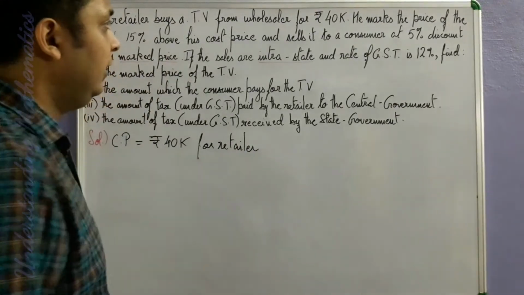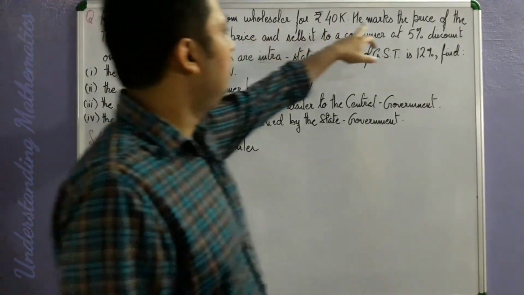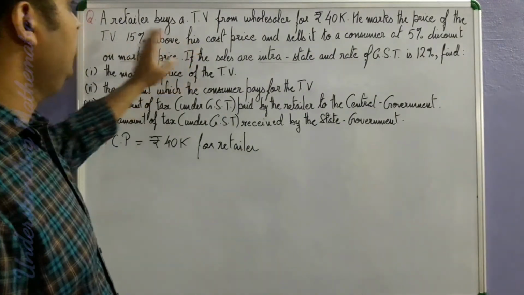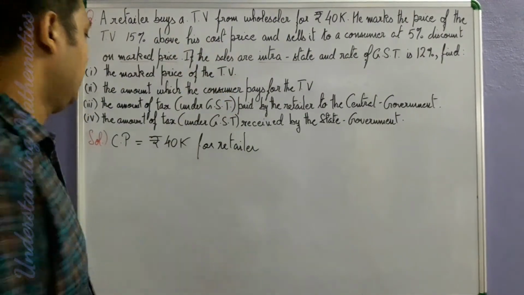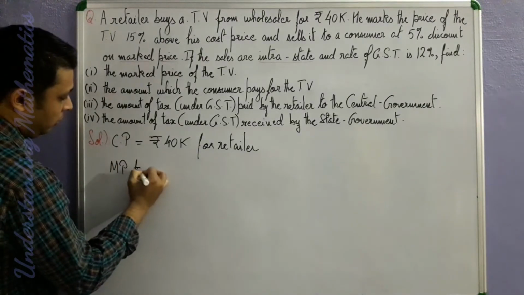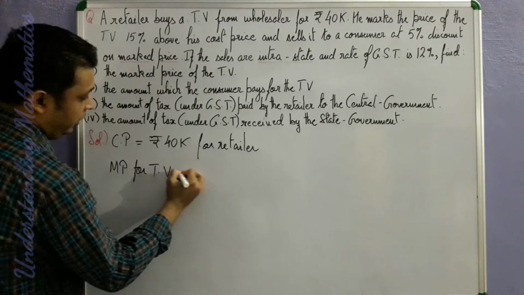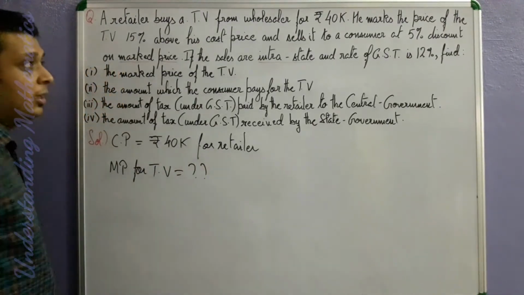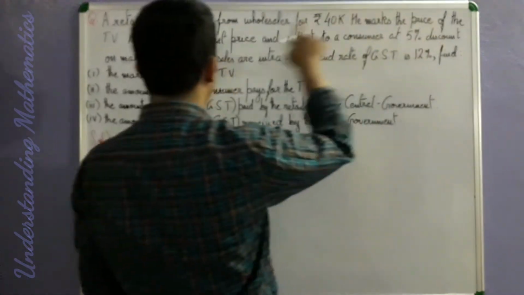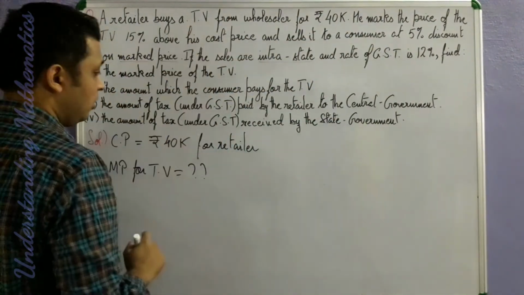Clear? And then what he does, he marks the price of the TV 15% above his cost price. So what is the mark price for the TV? We need to find this also. Clear? So what is the process? He marks the price of the TV 15% above his cost price.